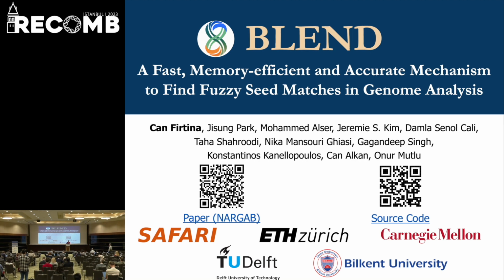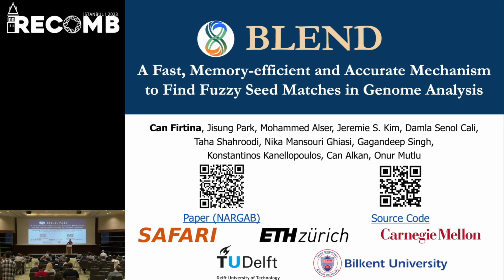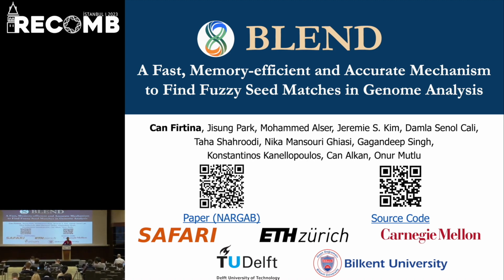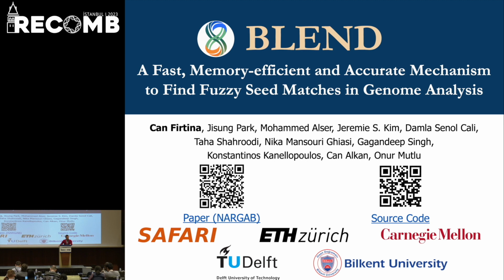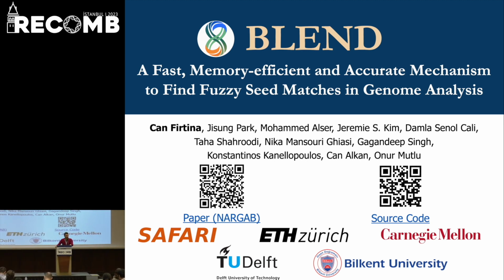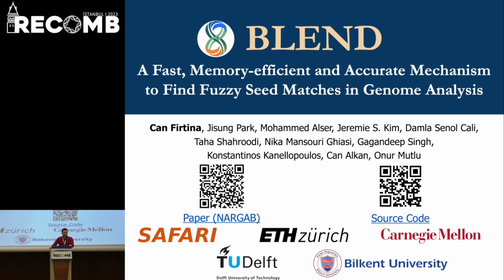We also tried to come up with a proof where we can show that if you have a certain edit distance between sequences, it's guaranteed to find fuzzy seed matches. But it is based on many parameters, such as the choice of hash functions, and some other parameters, like how many neighbors you're including in your set, etc. Since all these are affecting the fuzzy seed matching, it's challenging to provide guarantees regarding that.